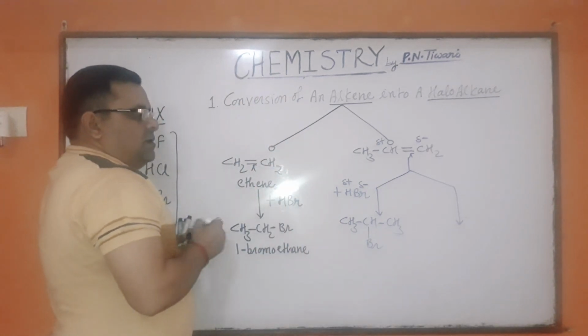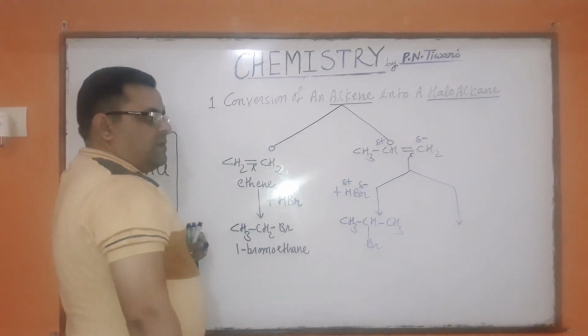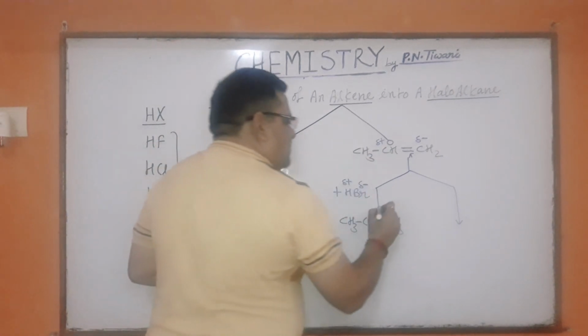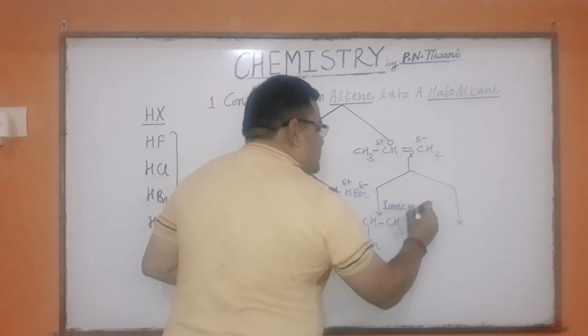So in this addition, the negative part of the molecule links with the carbon atom containing the least number of hydrogens. So we can say that this conversion takes place according to ionic mechanism.